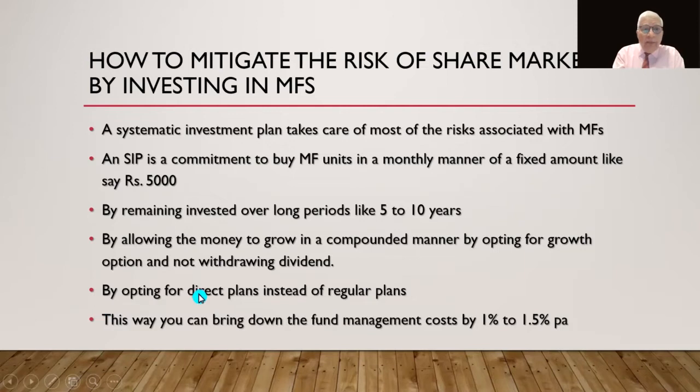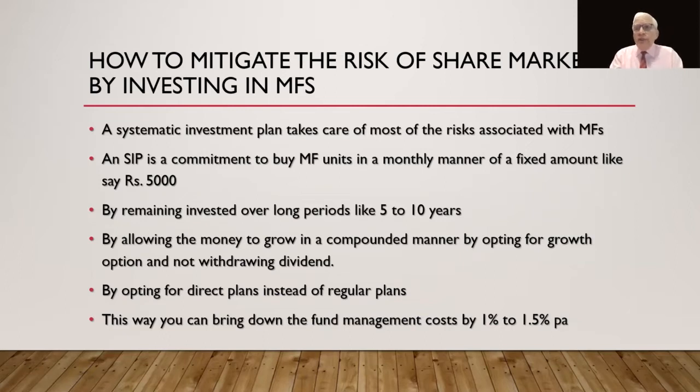You can opt for direct plans instead of regular plans. Thereby, you can bring down the fund management cost, which was 2 to 3%, by 1% to 1.5%. So it is possible to bring down the total fund management cost to less than 1%. This is possible if you are tech savvy.